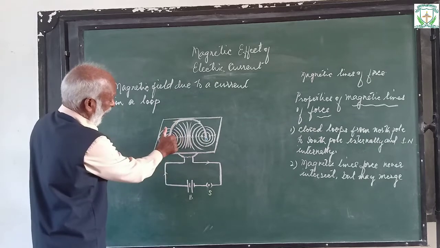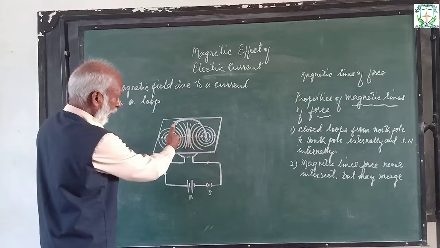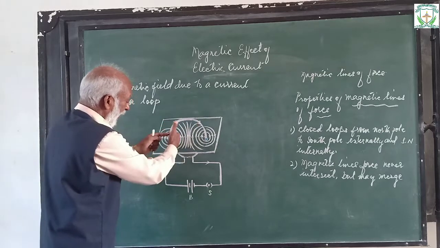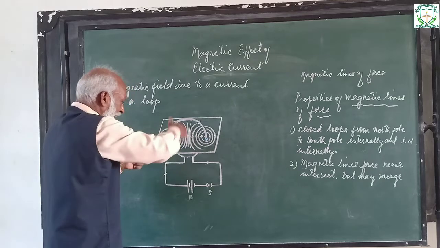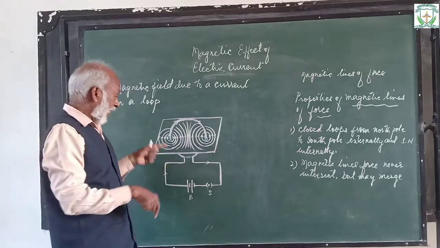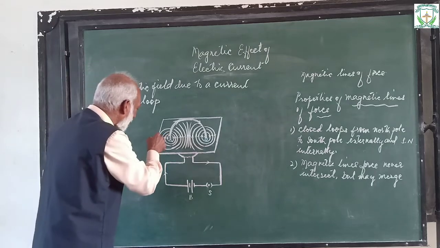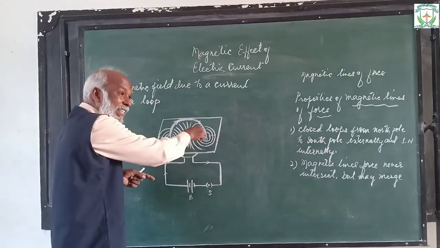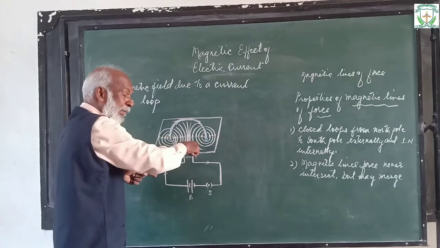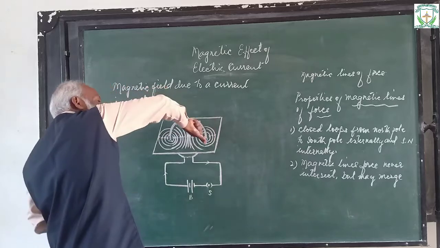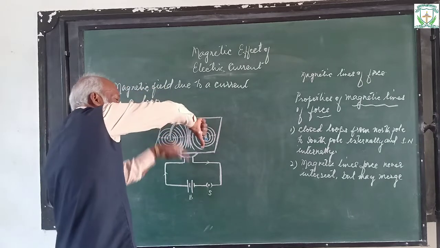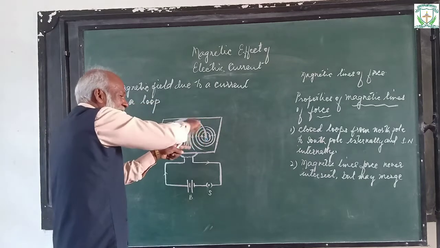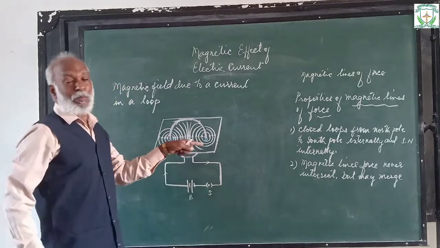This is the current conductor. I am holding it upright, and the thumb shows the direction of current. The remaining fingers show the direction of magnetic field induced around the conductor. Now this side of the loop, you hold it this way, and it is coming down. Hold it this way. Now you see, this is the direction of the induced magnetic field.